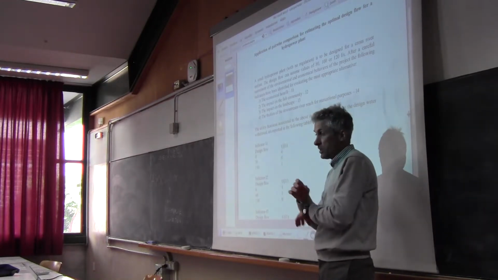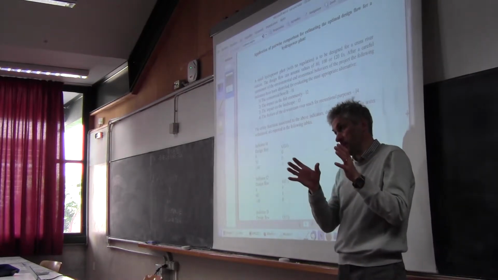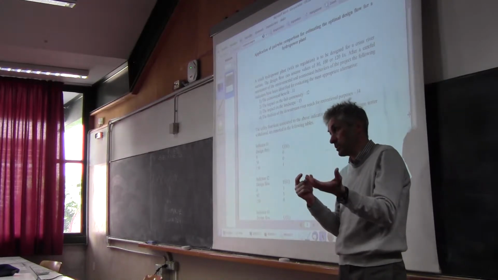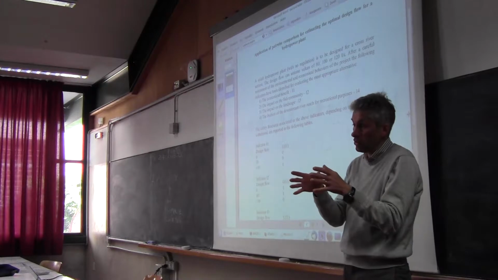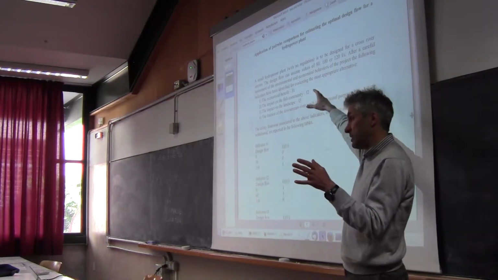Okay? But unless you have some specific machines, turbines that you can use, which may imply that the design flow can assume only specified values, like in this case.